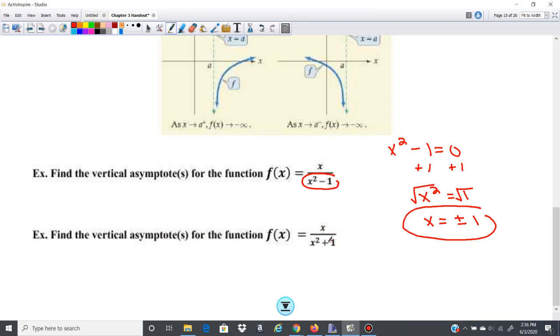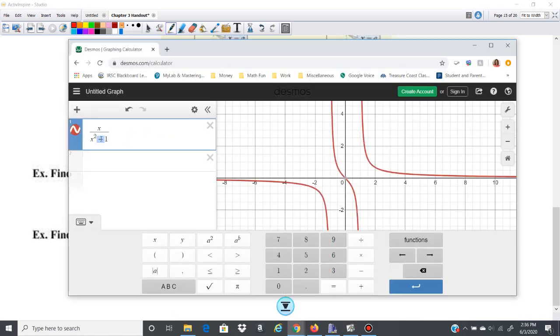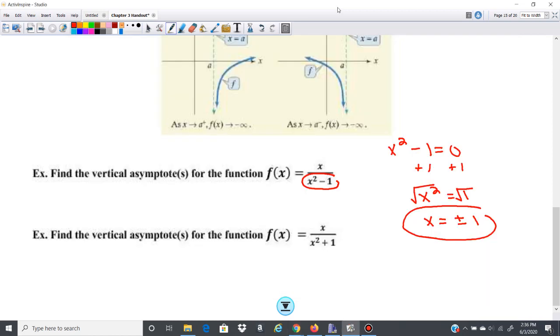Then for this example here, let's actually take a look at what this looks like. So let's say I change this to a plus sign. Look what happens there. I don't have any holes. Okay, so sometimes you cannot have any vertical asymptotes. And the reason why I don't have any holes in this one is if I do actually go through and solve this, I'm going to get a negative 1.